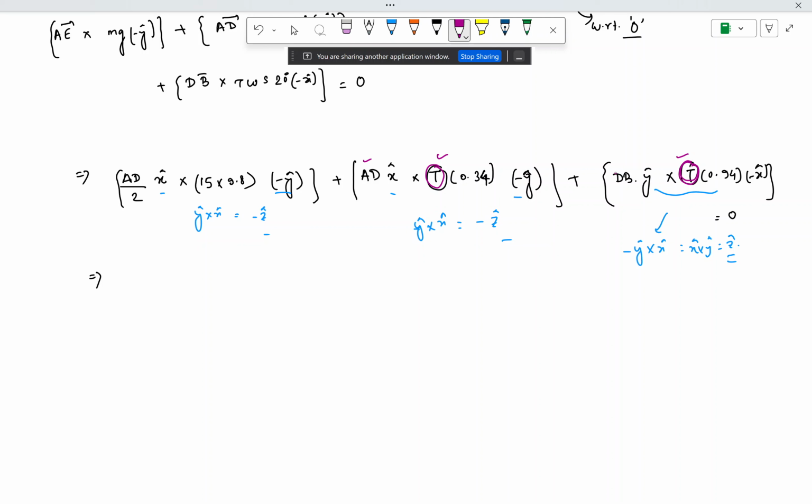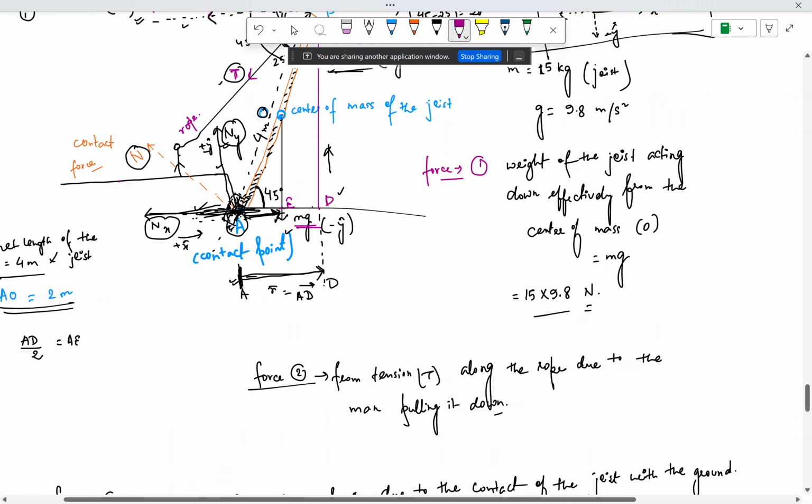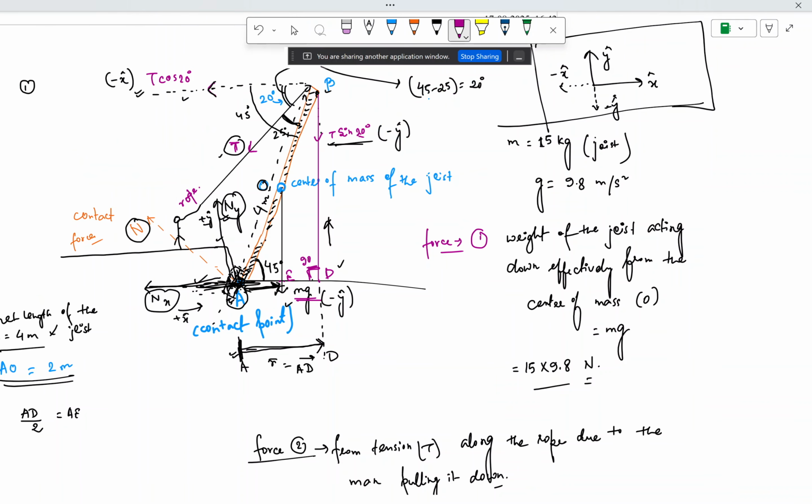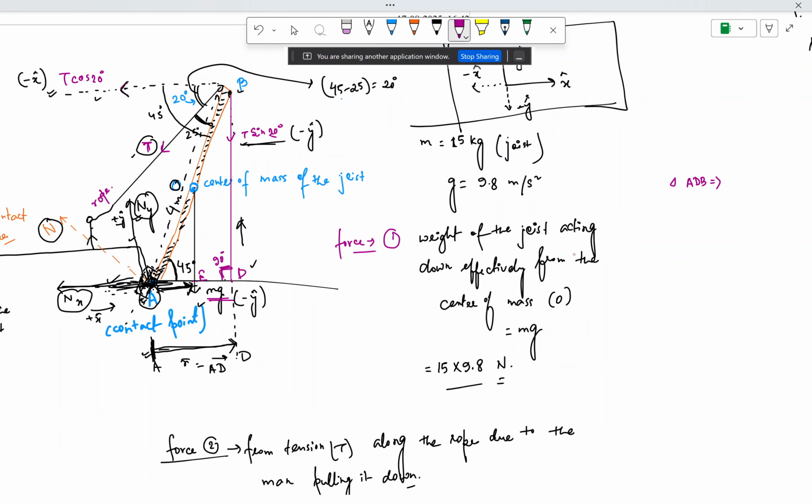So let us look at the diagram and figure out what those values are. AD is basically this distance, right? This is a right angle triangle ADB, in which this angle is 90 degree.